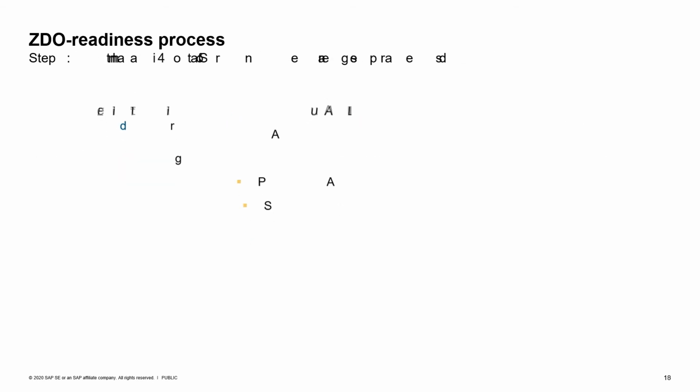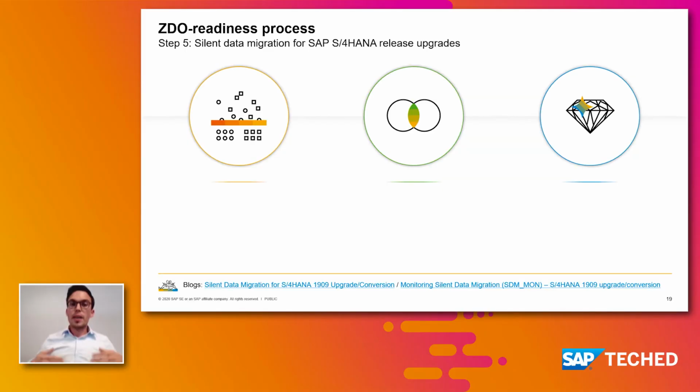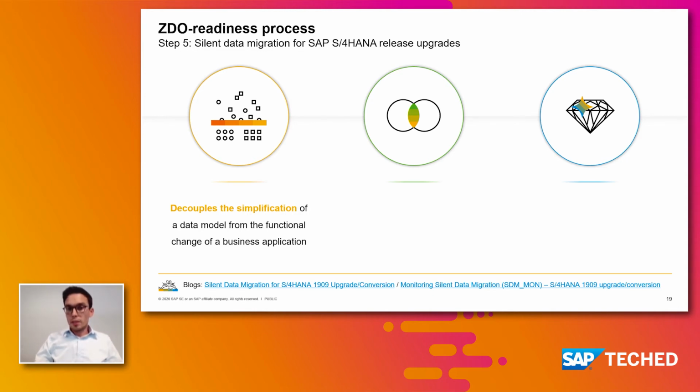Coming to the last step of the readiness process, and that's basically coming after the upgrade. After performing an upgrade, and that started with the SAP S/4HANA release 1909, there are silent data migration classes that have to be triggered.